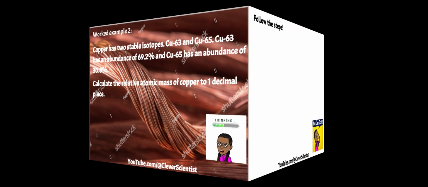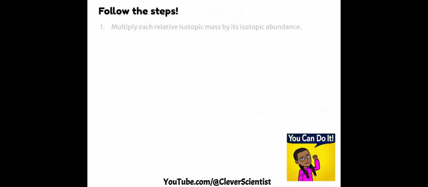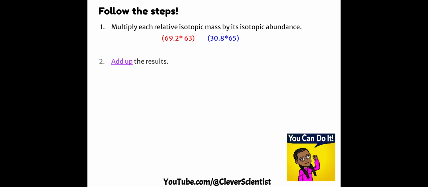Let's do that with our 3 easy steps. So, we take the values given to us in the question and we multiply the relative isotopic mass by its isotopic abundance. Again, the numbers are colour-coded. Then we add up the results.